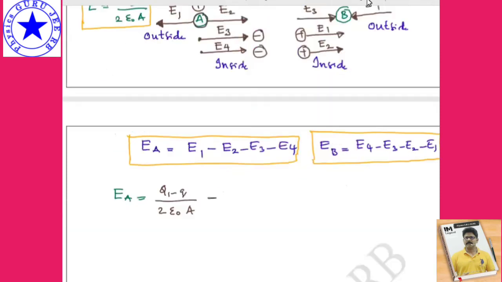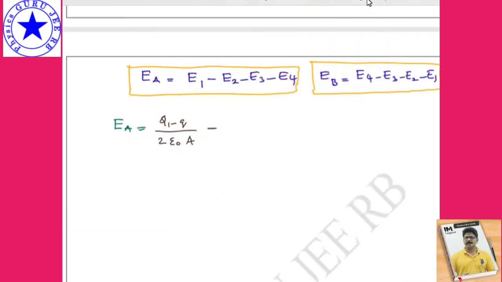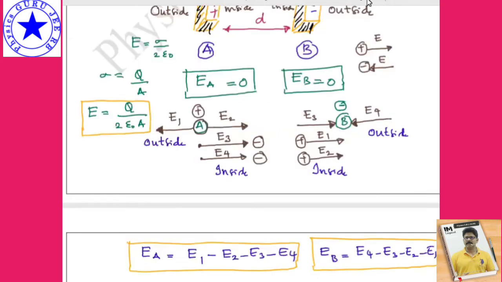Now substituting the remaining values: Q by 2 epsilon naught into A, minus X by 2 epsilon naught into A, minus Q2 minus X divided by 2 epsilon naught into A. Hope it is clear. Once you check it out, fine.